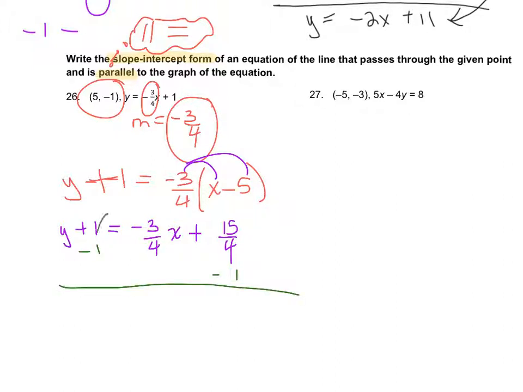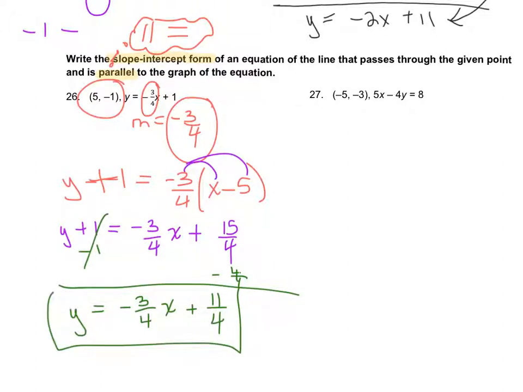This should look familiar. y equals negative 3/4 x. And when you subtract 1, it's really the same thing as 4/4. 15/4 minus 4/4 is positive 11/4. And it's okay to leave it with fractions because it's slope-intercept, not standard form. Number 27, they give you an equation that I am parallel to that happens to be in standard form.